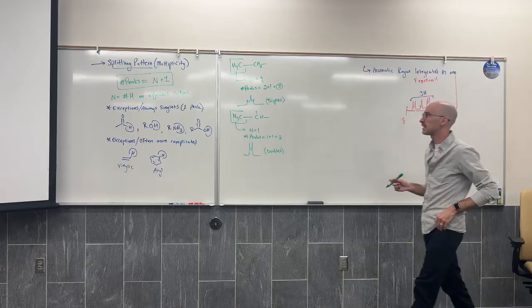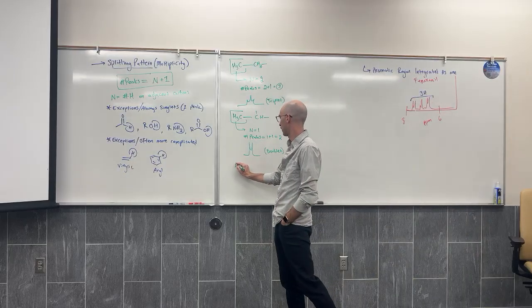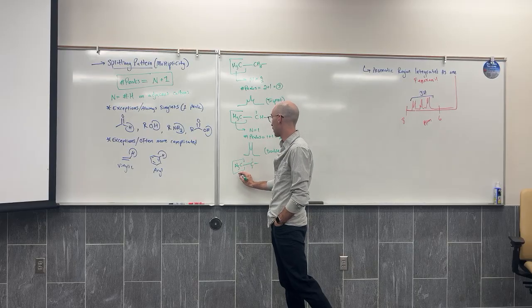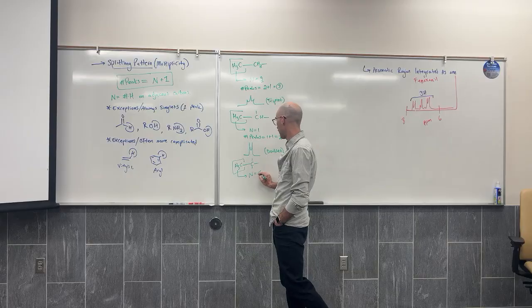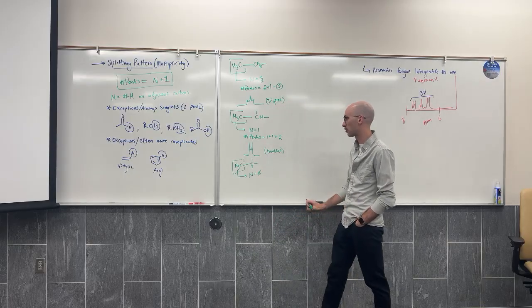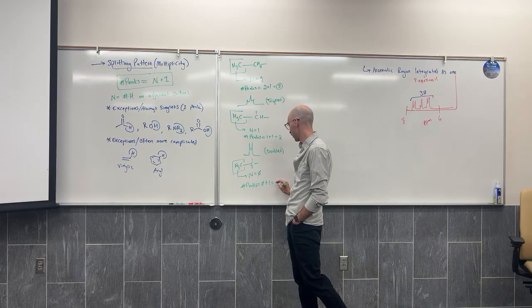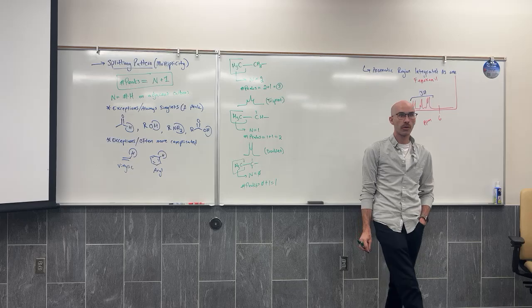If the CH3 is adjacent to just a carbon, or even if it's adjacent to an oxygen or a nitrogen, if the number of neighboring hydrogens is 0, then the number of peaks is 0 plus 1.